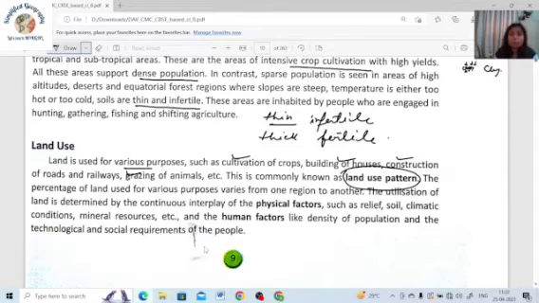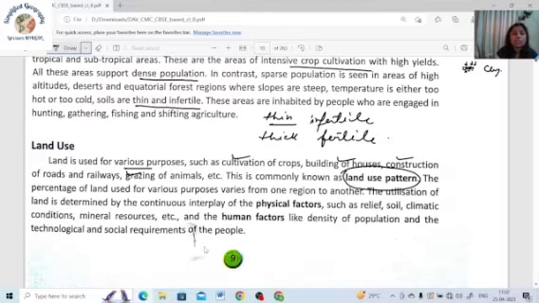The percentage of land used for various purposes varies from one region to another. I am having a piece of land, I am growing crops on it. Some have the same amount of land and they are setting up an industry on it. Some are making schools or colleges on it. So different people have different uses of the land.